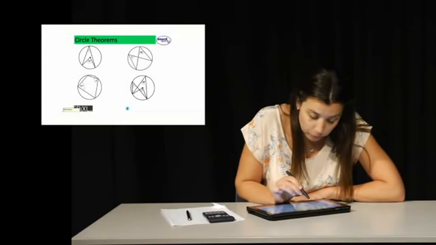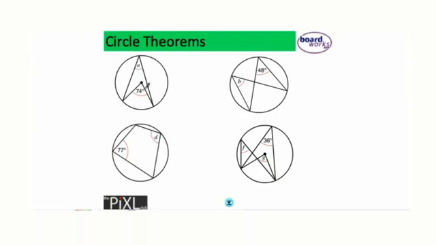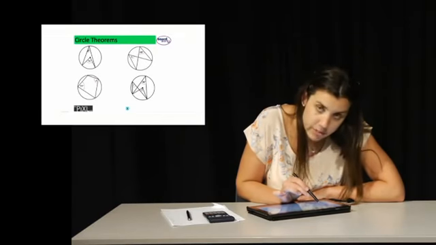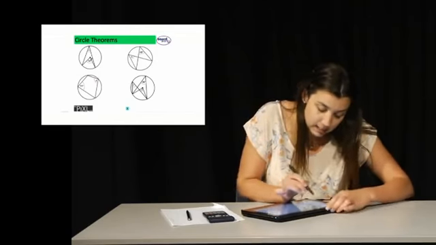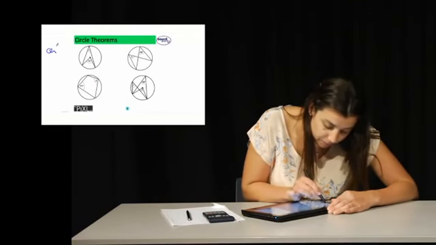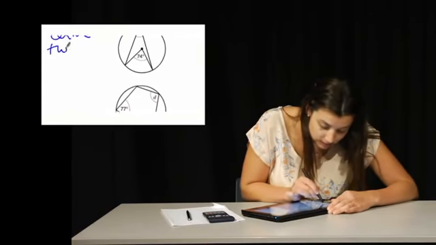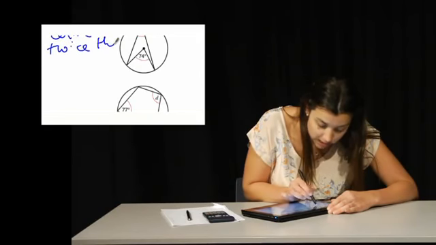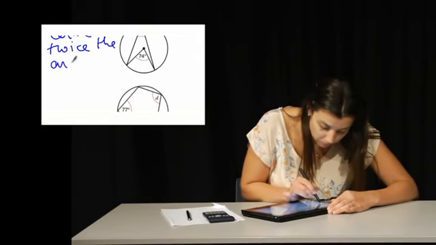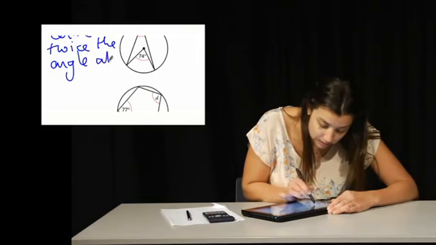So our first circle on the top left here, we have an angle here at the centre and we have an angle here at the circumference. You will remember that there is a rule that says angles at the centre is twice the angle at the circumference.